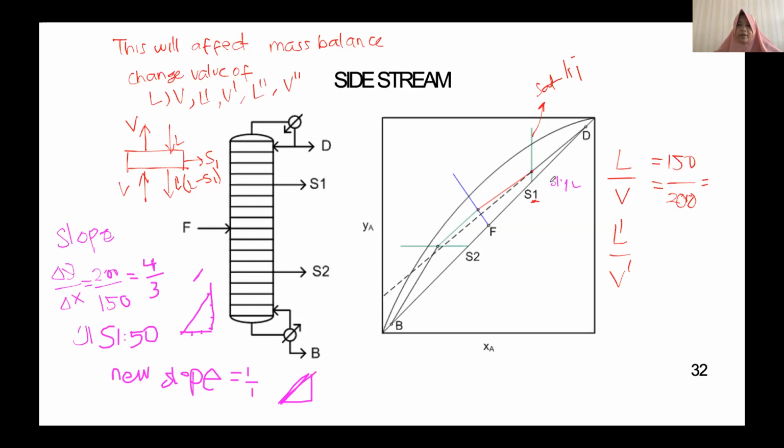Because if you withdraw the feed, that means... sorry, I withdraw the liquid, ya. If I withdraw the liquid, so the liquid becomes 100, yeah, it's correct.